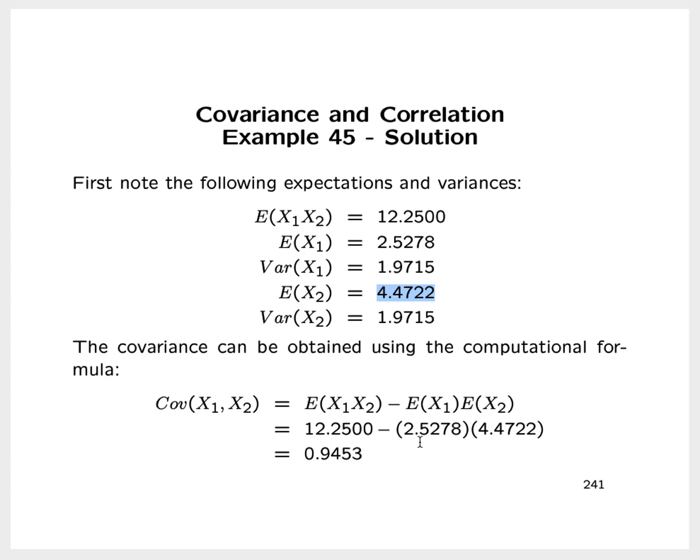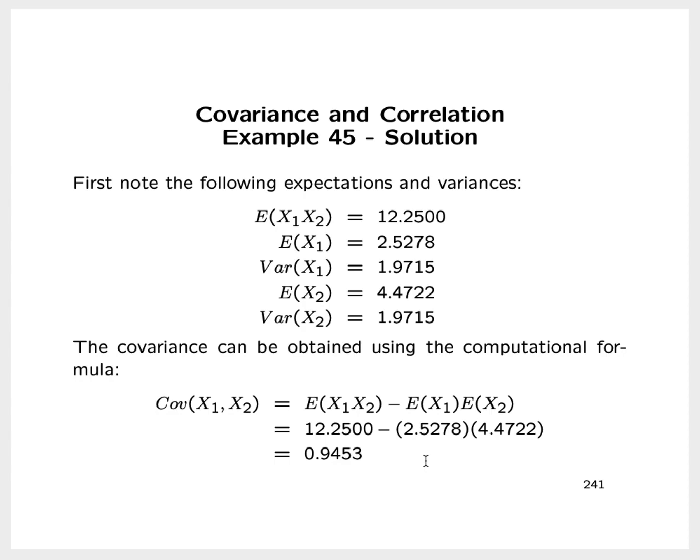And when we calculate that product and then take the difference, we get 0.9453. So that is the covariance of x1 and x2, the covariance of the minimum and maximum number shown when we roll 2 distinguishable fair dice.